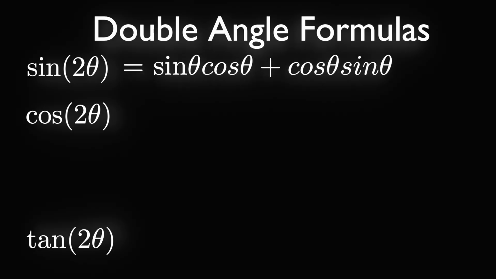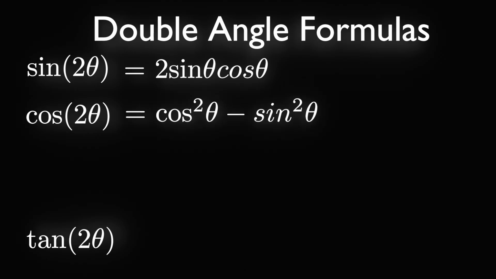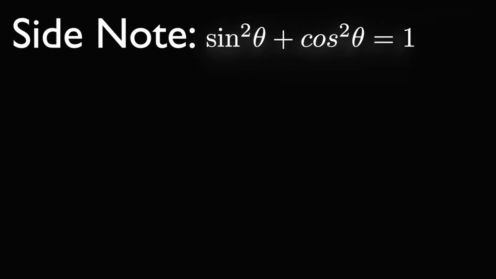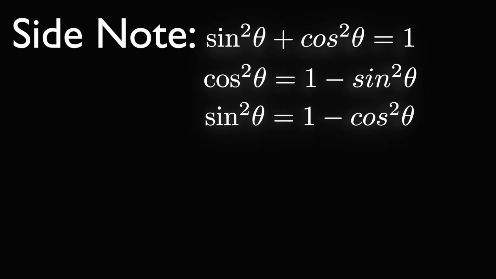For sine, you can just factor it out here, giving you 2 sine theta cosine theta. For cosine, you can multiply these, giving you cosine squared theta minus sine squared theta. Right, side note number 2, this is the Pythagorean identity we established earlier. We can move this around to get either cosine squared in terms of sine, or sine squared in terms of cosine. Or just sine and cosine if you take the square root.